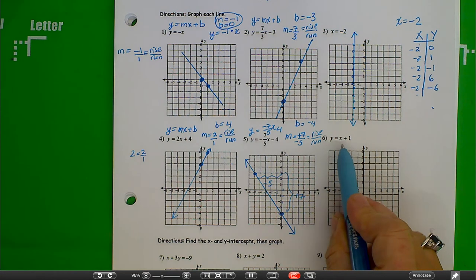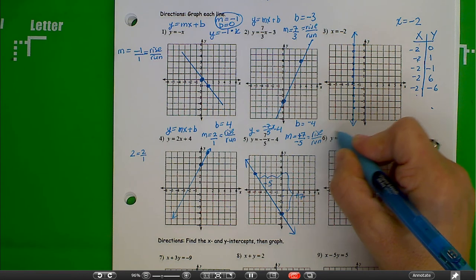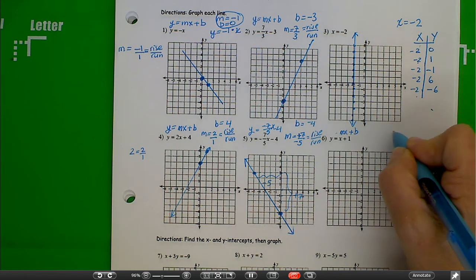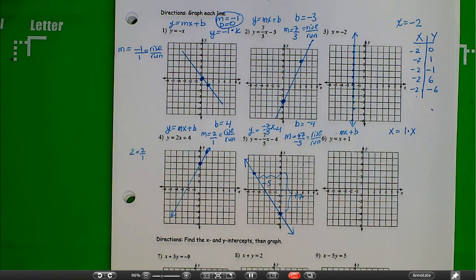Let's do the next one. y is equal to x plus 1. So it's the same as y equals mx plus b. I want you to remember that x is equal to 1 times x. It's the same thing.